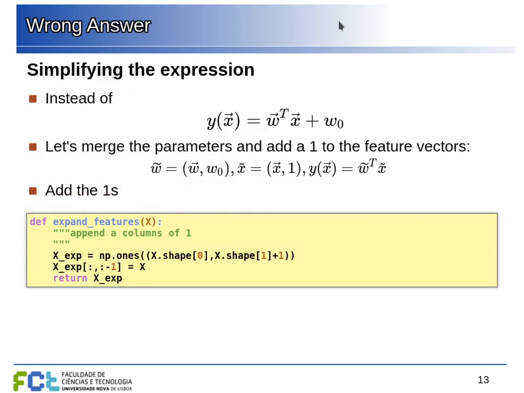Okay, so one thing we can do, this is not mandatory, but you will probably find this a lot in the literature, is instead of having this ugly expression here, where we have a set of parameters for the vector with the orientation of the plane, plus an independent constant here, we can do this trick. We can put all of these parameters and this constant together in the same vector.